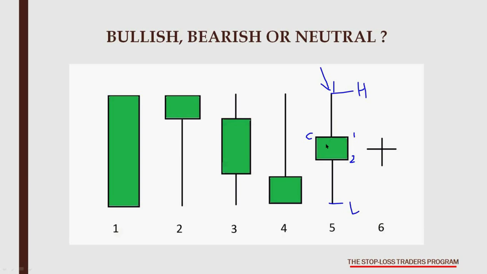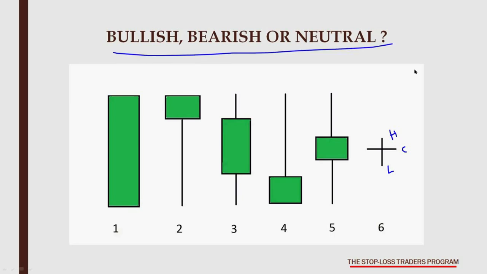Also, in some charts, you will find that the red candle is depicted in black and the green candle is depicted in white, because candlestick charting appeared around the 17th century, and that time the colors were not available. So they used to use black and white color formation.